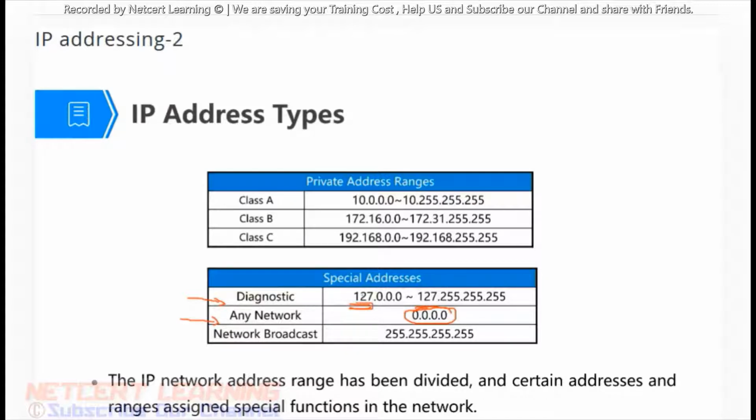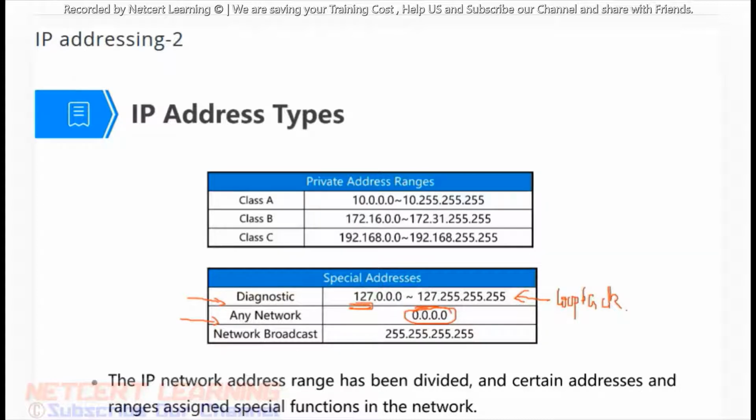This address you also cannot configure, but this address exists in a device that is running IP. We call this the loopback address. That means if you enable IP on one device, then this address exists.